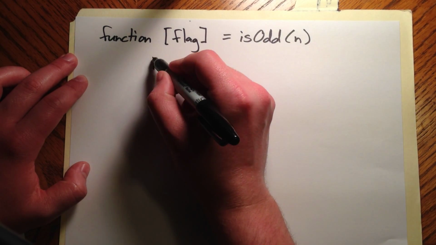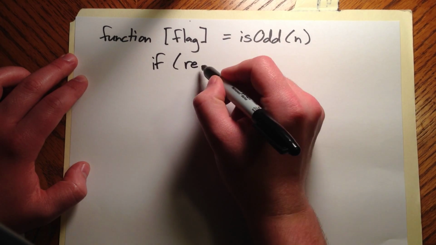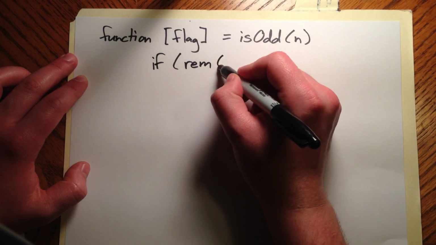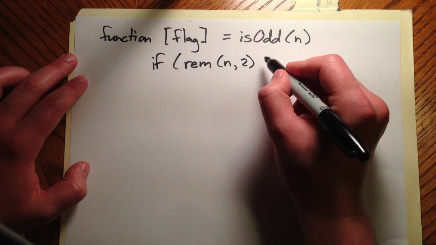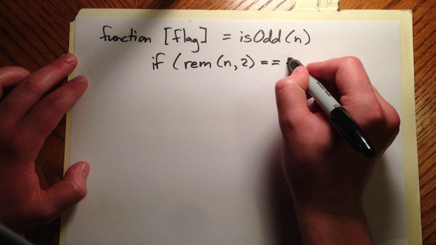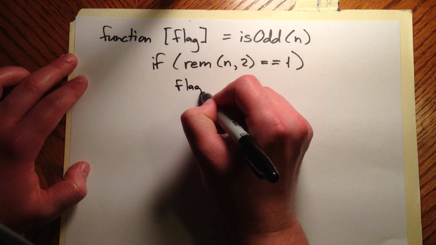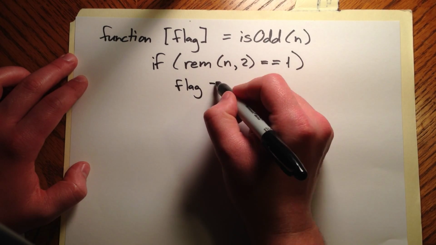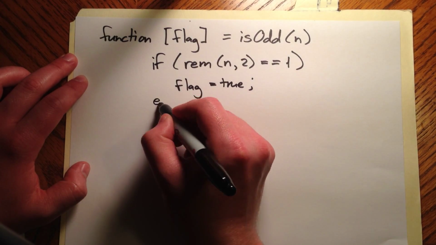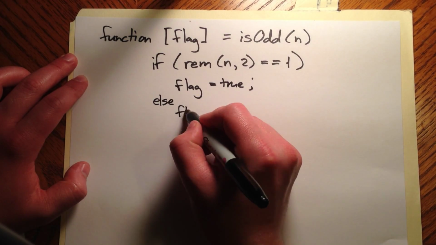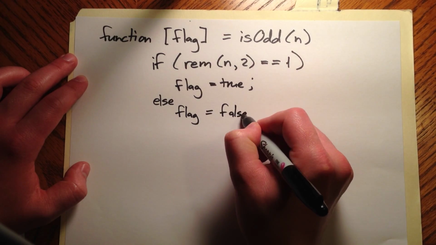So the way that works is we'll just check, this is how it looks, if the remainder of n divided by 2 is equal to 1, then the flag should be true, else the flag is false.